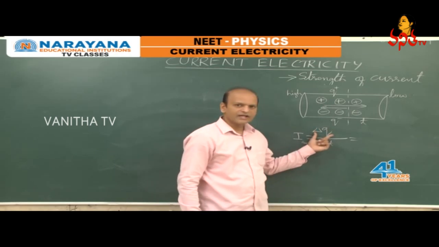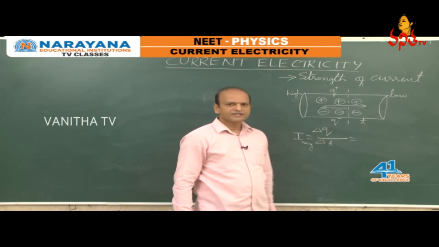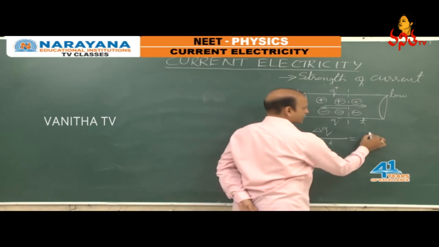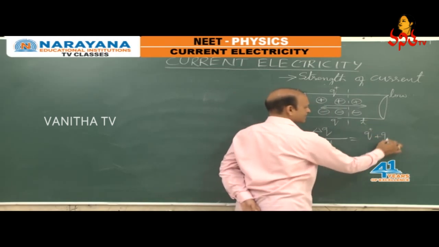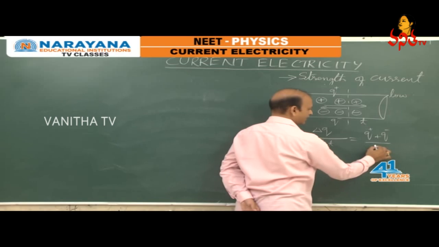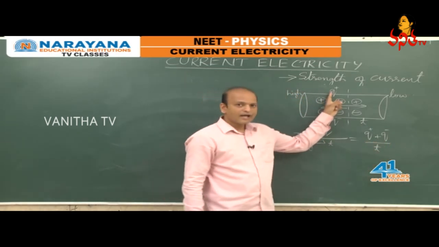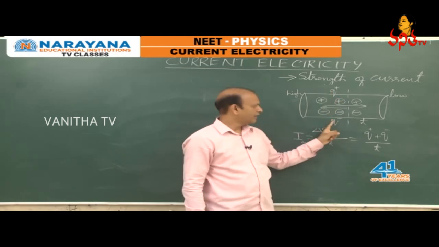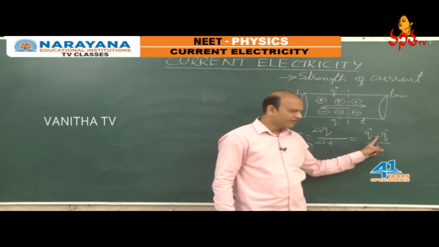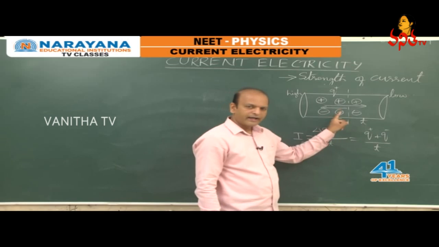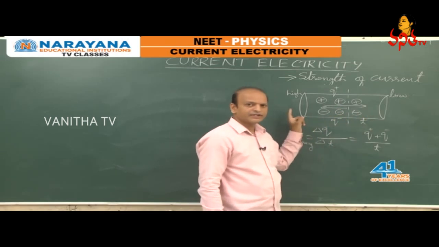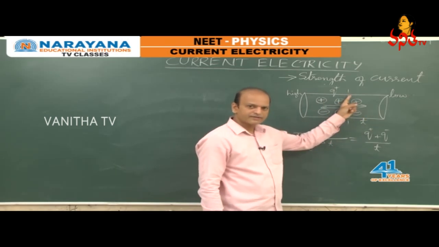It is the net amount of charge, which is positive charge amount plus negative charge amount, by total time taken, t seconds. The positive charge amount here is Q positive, and the negative charge amount is Q negative. Why have we taken a plus between them? Because negative charge is flowing in the opposite direction compared to the positive charge.